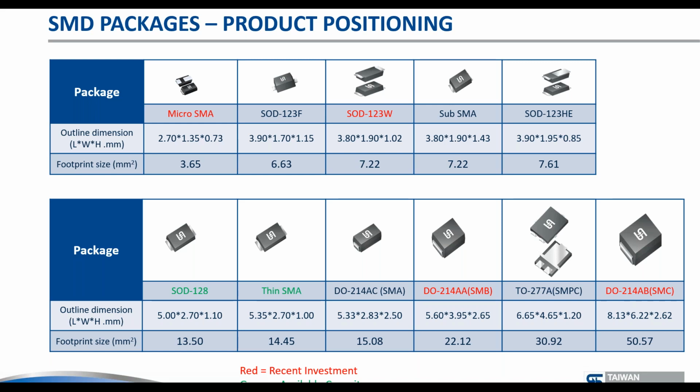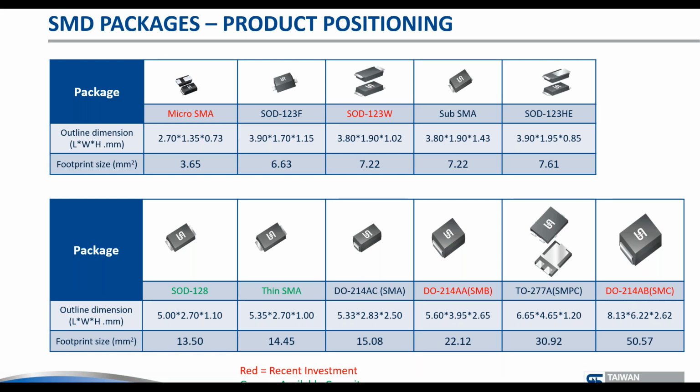SOD123W, we also invested here. Obviously, it is smaller than the SMA, and in some applications, when the power is not that high, you can also downsize to an SOD123W. It has the right creepage and clearance for 240 volt environments, so it can also be used in non-automotive applications.